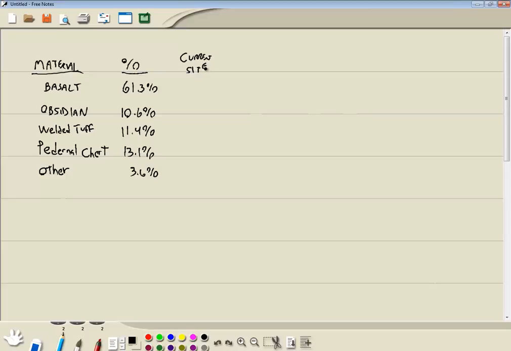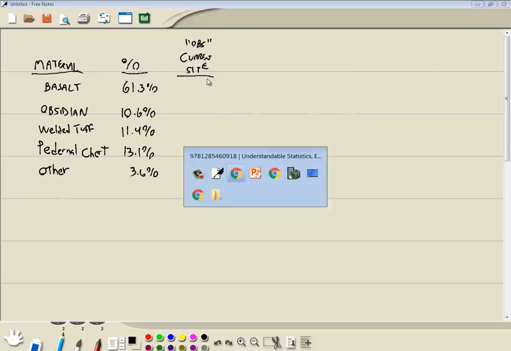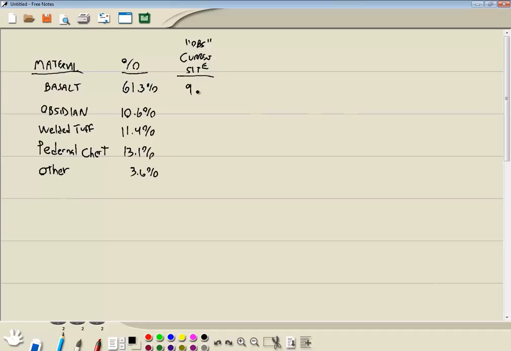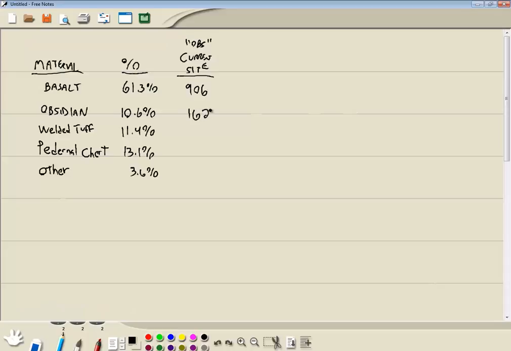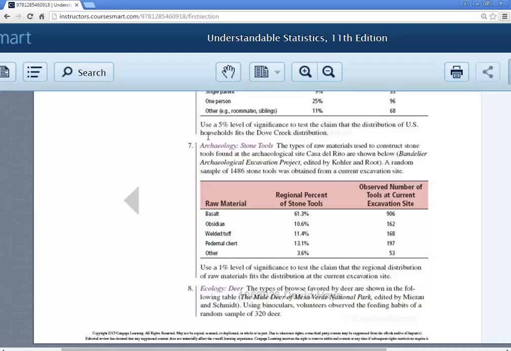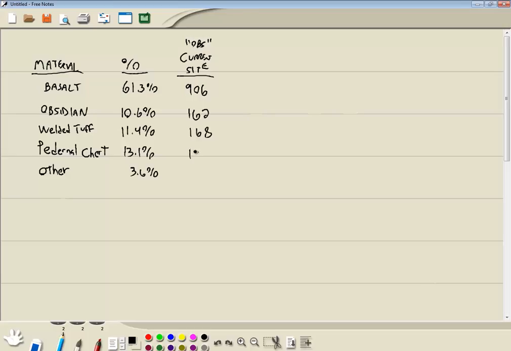So this is the current site. This is also our observed. And we've got 906, 162, 168, 197, and 53.